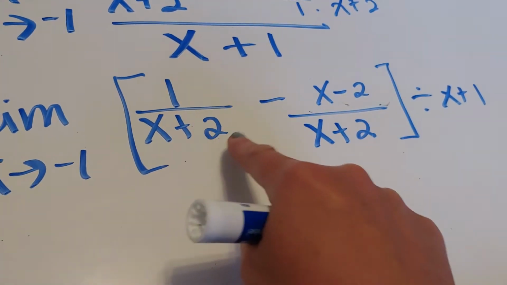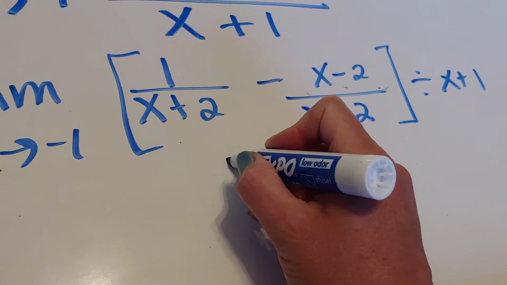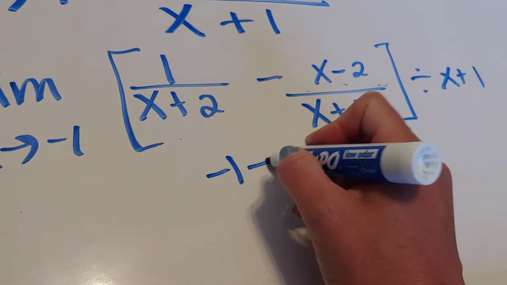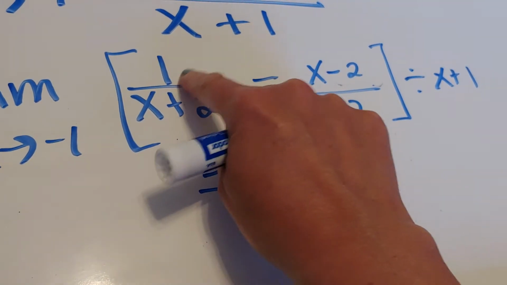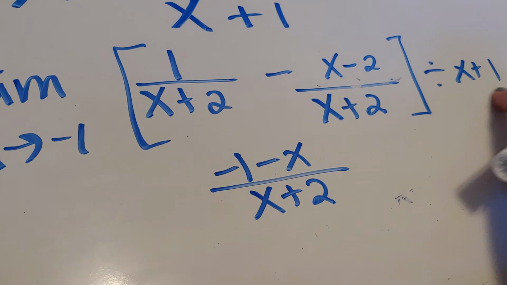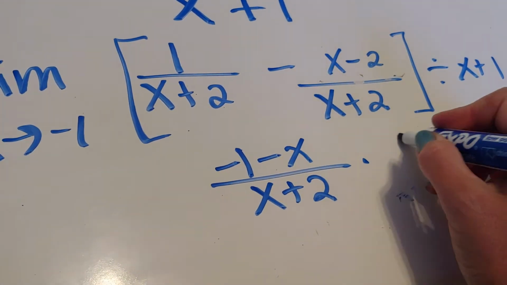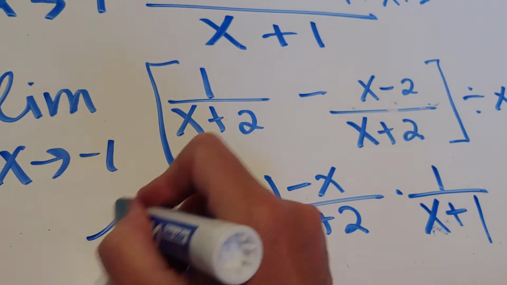So that's actually going to turn into, let's see if I can go ahead and fix that up. That's going to be negative 1 minus x all over x plus 2. 1 minus 2 is negative 1 minus x. Okay, now divided by x plus 1 means times 1 over x plus 1. Okay, and I still have my limit out front.